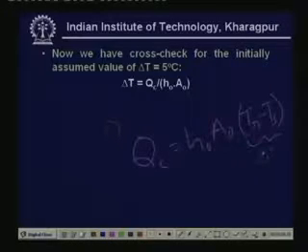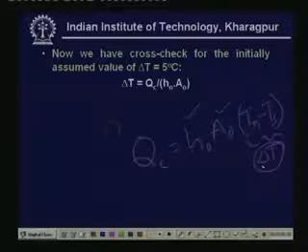Okay, this is nothing but delta T, right? So h naught is nothing but condensation heat transfer coefficient, which is known to us. A naught we just have computed. Okay, so if you substitute everything, you can find out what is the calculated value of delta T. That's what we are doing now.